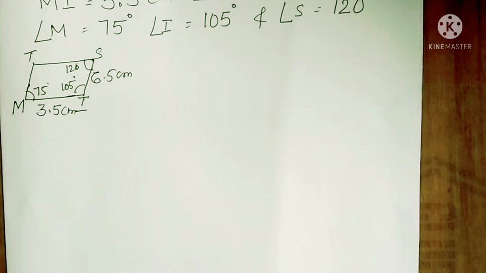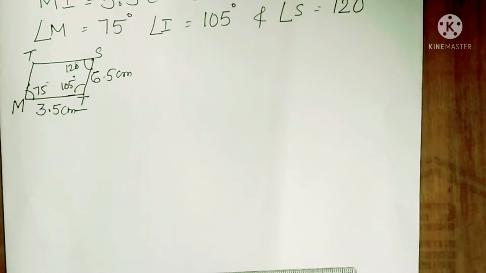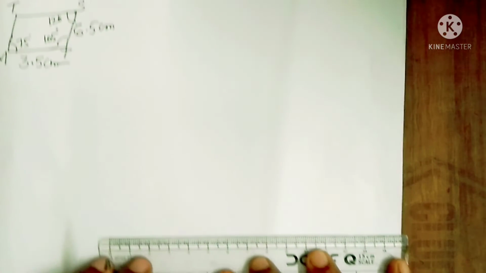Now in this the angles are there, and all the angles we need to construct using a pair of compass if possible, and the angles which are not possible with compass you can draw with the help of a protractor. So here the first step should always be the base. Here 3.5 centimeter is the base.